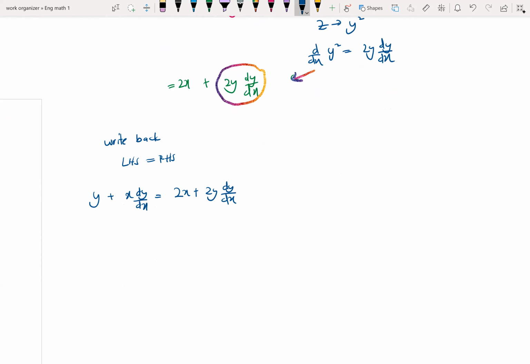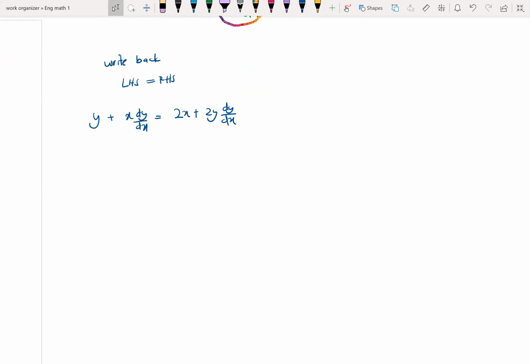This is quite long actually. So x dy dx minus 2y dy dx equal to 2x minus y. So dy over dx is equal to 2x minus y over x minus 2y.